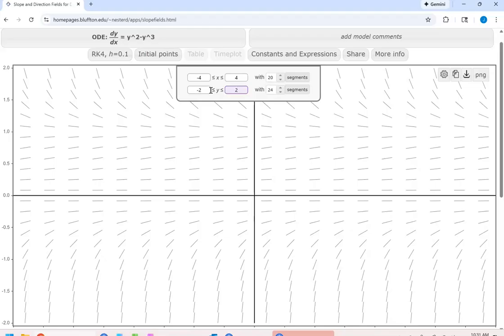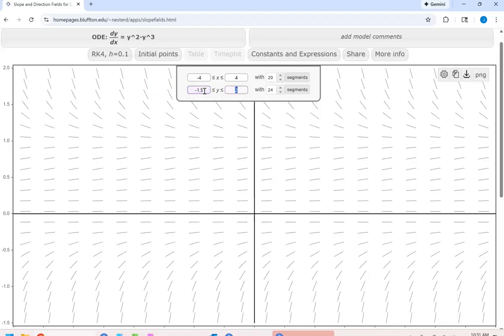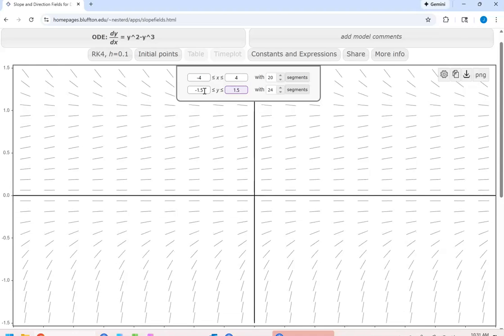It's hard to see. Let me make this 1.5. It's kind of hard to see what the semi-stable is here.